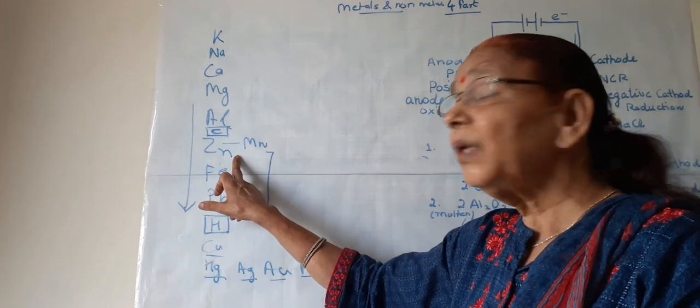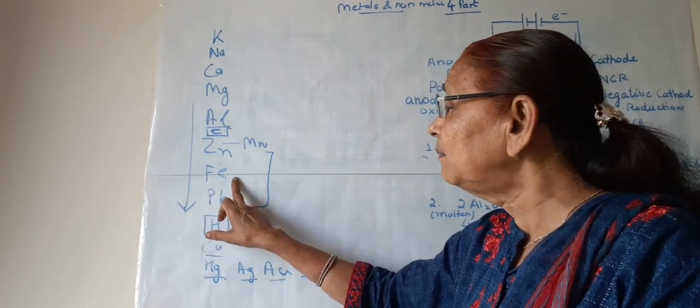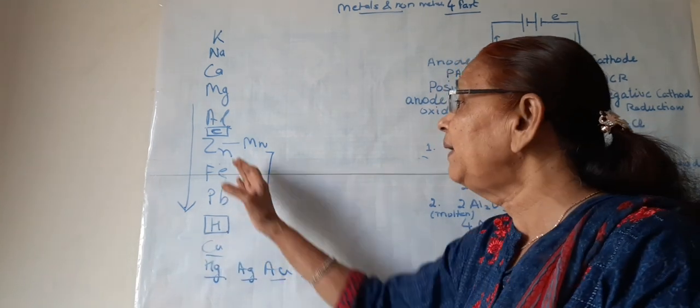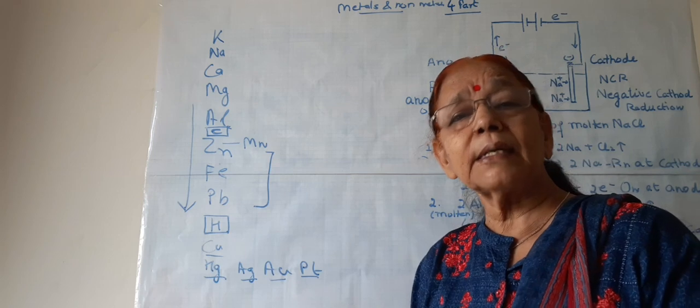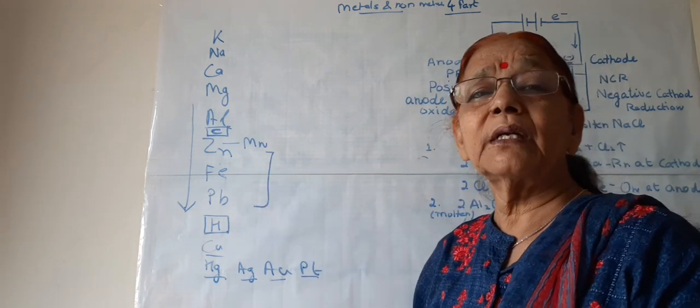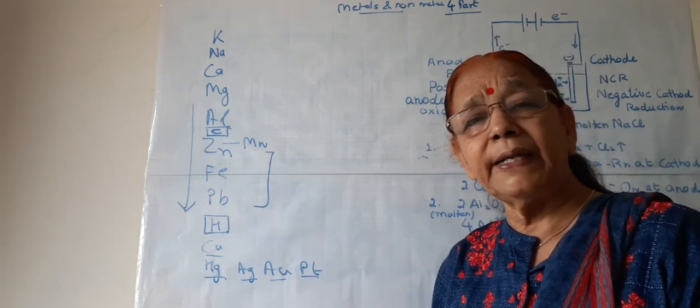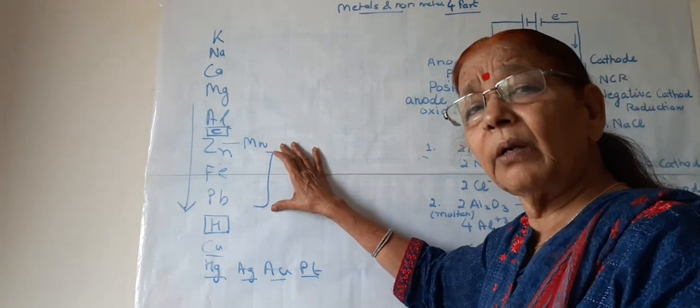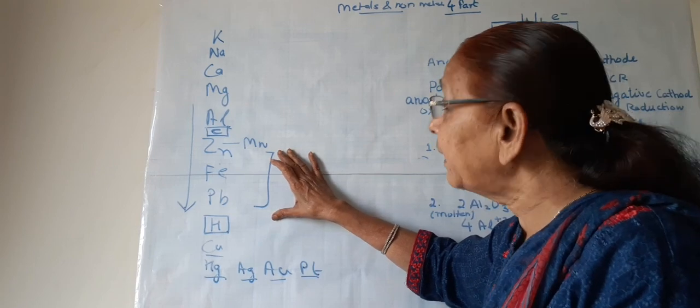So zinc carbonate, zinc sulfide, iron sulfide, lead carbonate and lead sulfide are found, and we extract the metal from their compounds like sulfides and carbonates. So these three are in the middle order or moderately reactive.